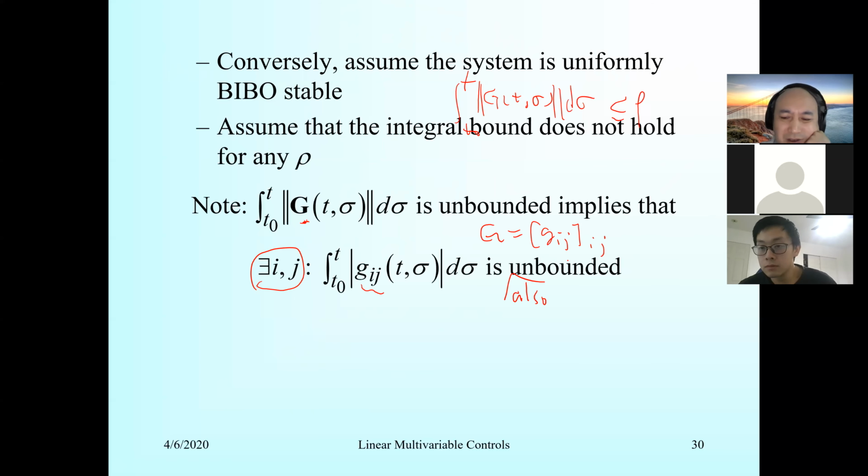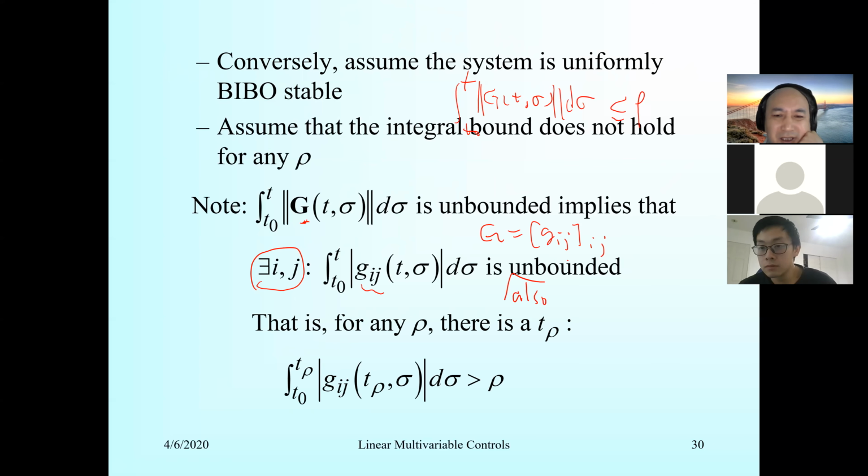It's also unbounded. So that means for any rho, I can find a t that is dependent on rho, such that within the interval t0 to t rho, this integral will be greater than this rho, not less than, greater than.